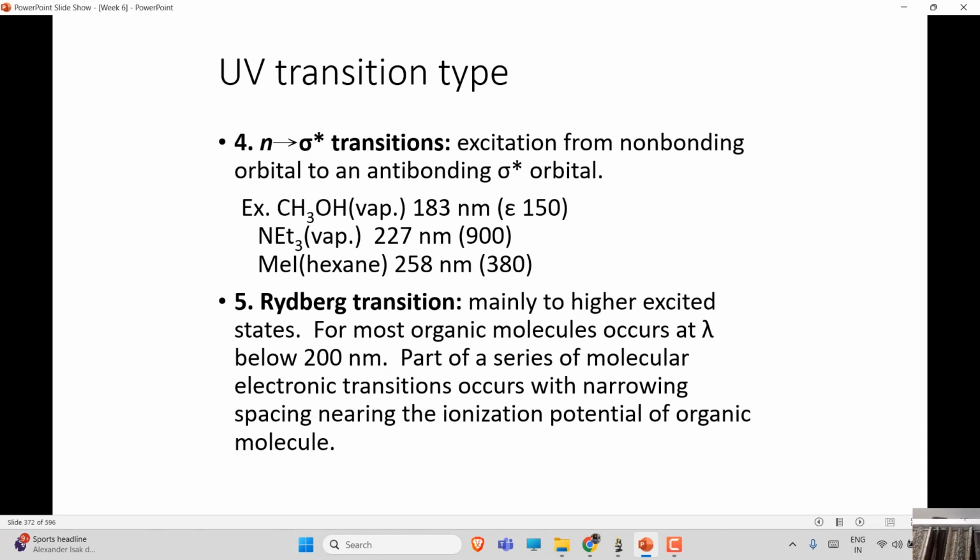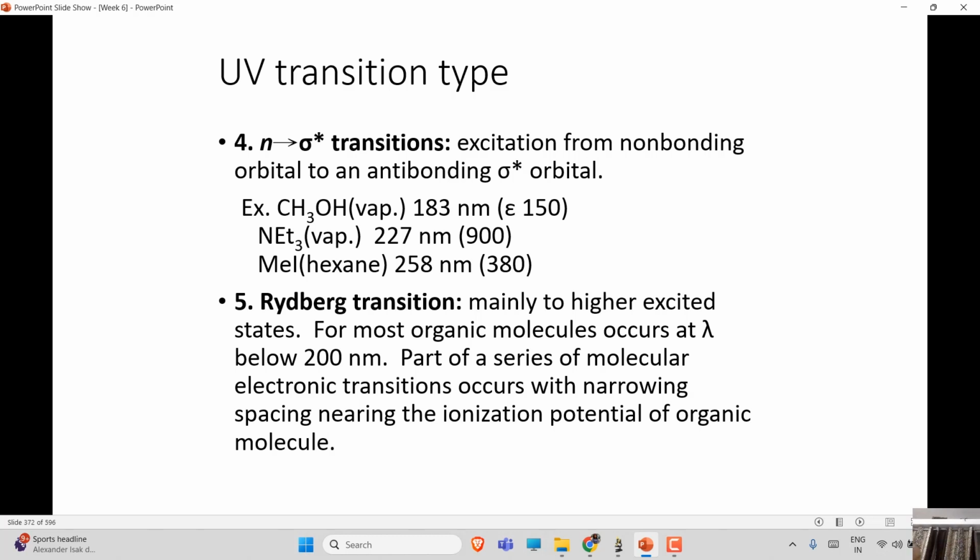Then you have the n to sigma star transitions, excitation from a non-bonding orbital to an antibonding sigma star orbital. And then there's something called the Rydberg transition, which is basically to high excited states for most organic molecules and occurs at lambda below 200 nanometer.